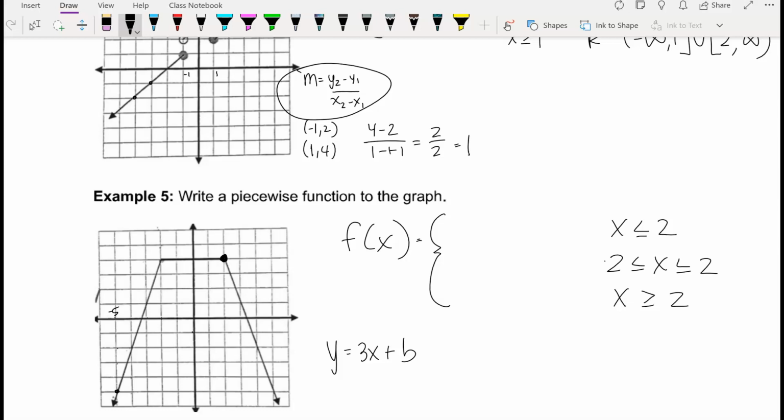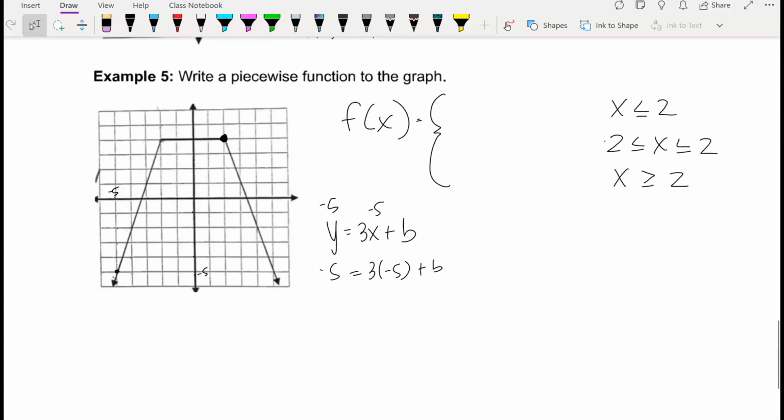And then this is 1, 2, 3, 4, 5, also negative 5. So we put in negative 5 in for both of those, and you're going to get your b value, or your y-intercept.